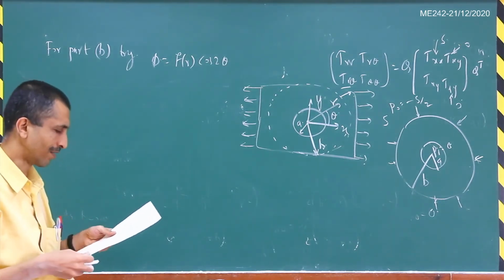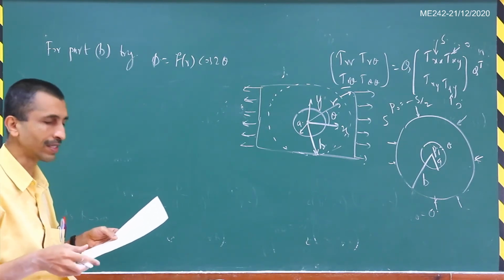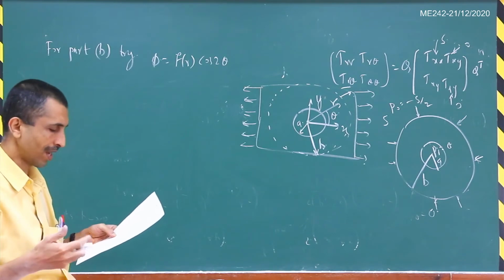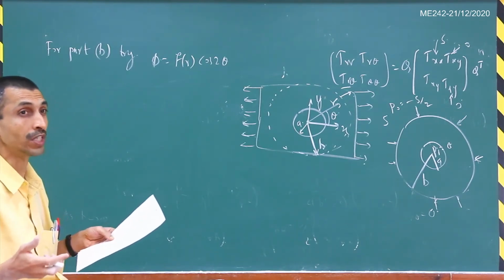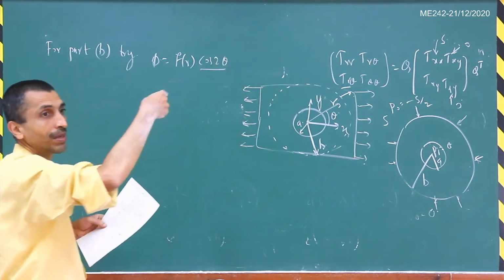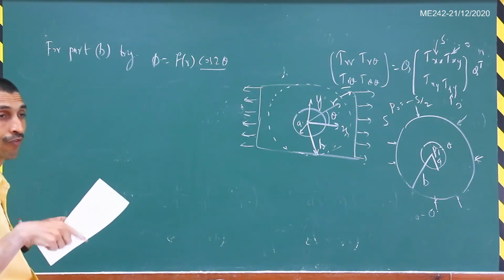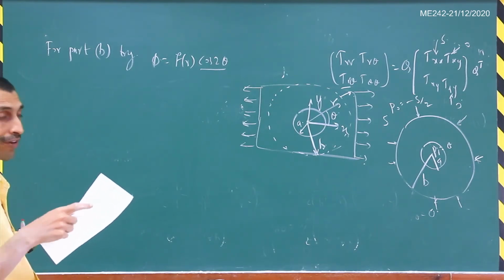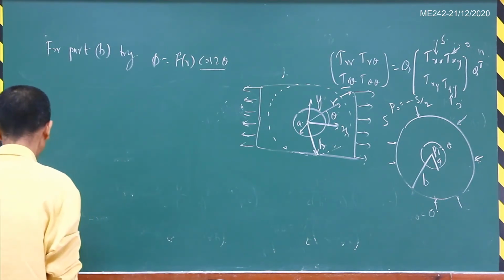We have seen that in case B, tau rr at r equal to b is S by 2 times cos 2 theta, and tau r theta at r equal to b is minus S by 2 sin 2 theta. So this will yield stresses of the same form that we require in the far field. That is the reason we are guessing this particular solution.